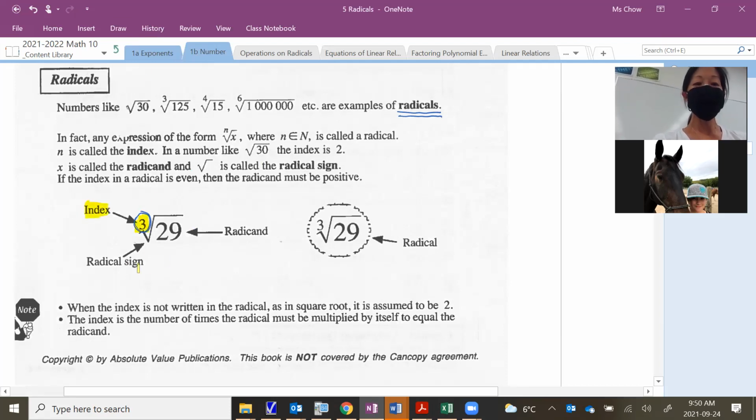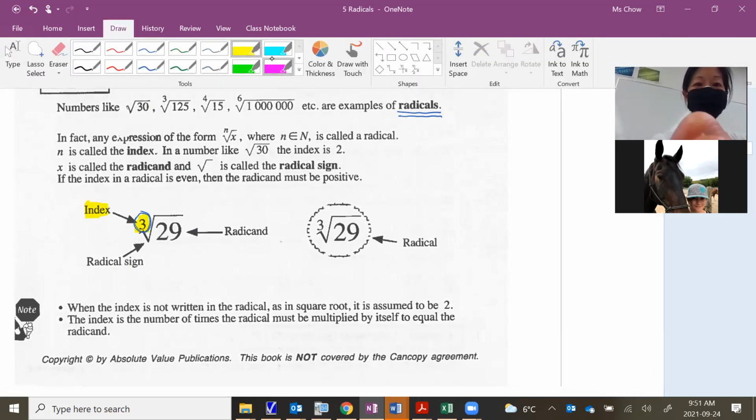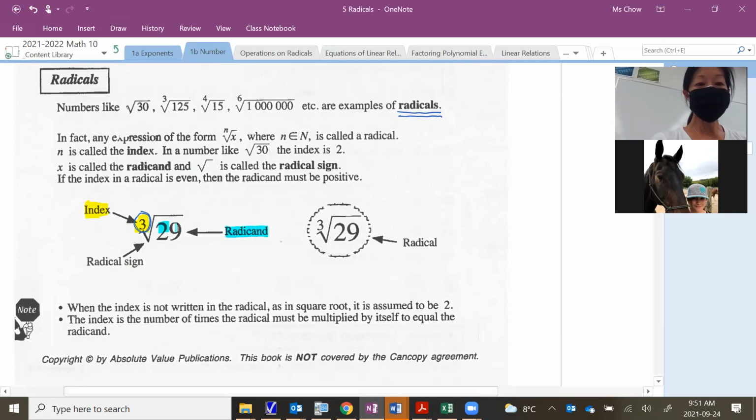Then we have our radical symbol, and the radicand is the number that is inside. Whatever is inside your house, or the base when we look at the exponent of a rational number, that is your radicand.